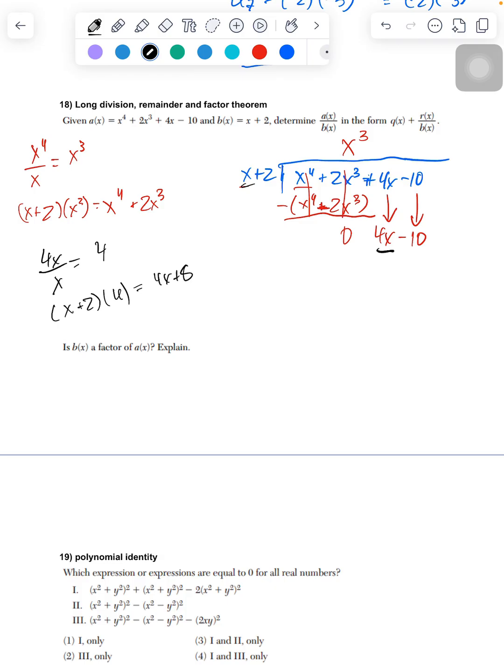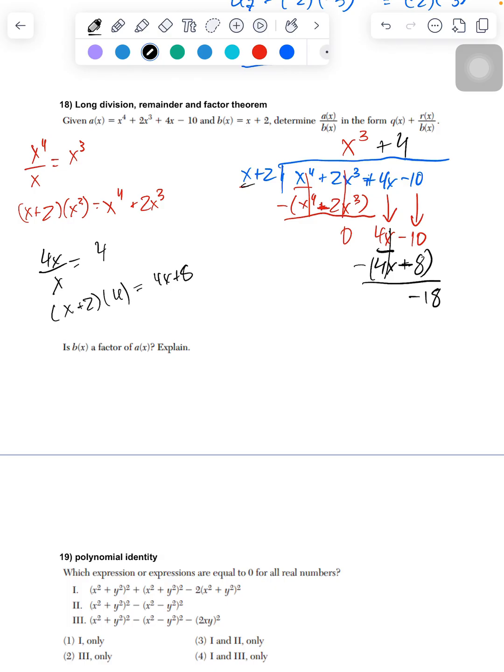All right, so I'm going to subtract this whole thing. Okay, 4x minus 4x, this cancels out. So this is a minus, so this is minus 18, right? So I write my quotient here, plus 4, right?